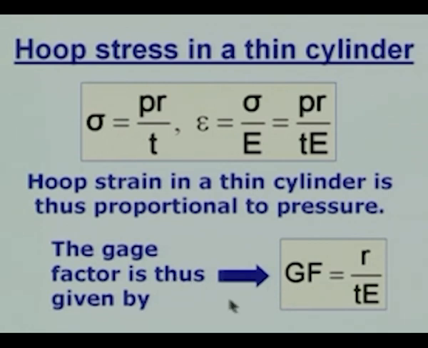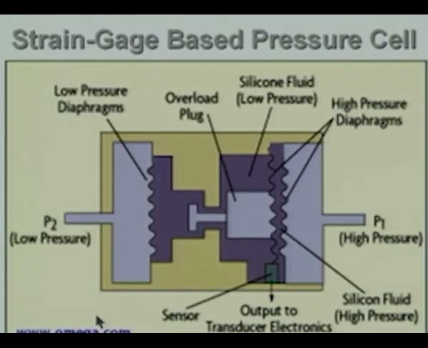The gauge factor is simply given by the radius of the tube divided by the thickness of the cylinder divided by the Young's modulus. So, this is basically the way we are going to use the instrument to measure the pressure.